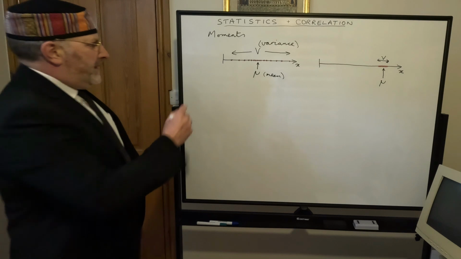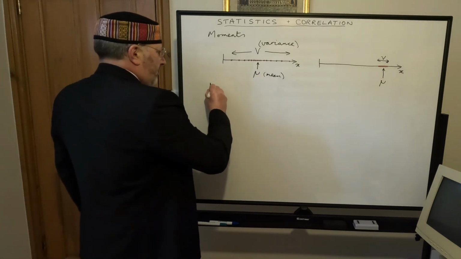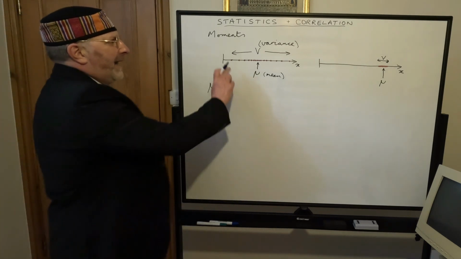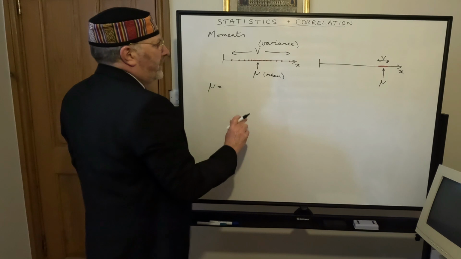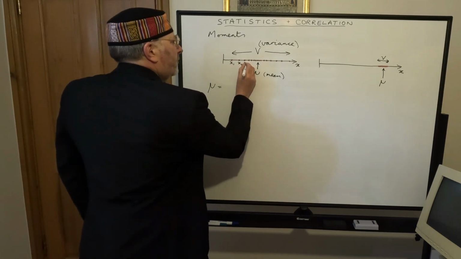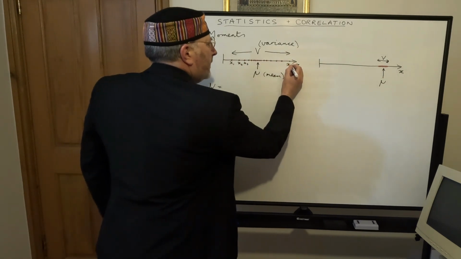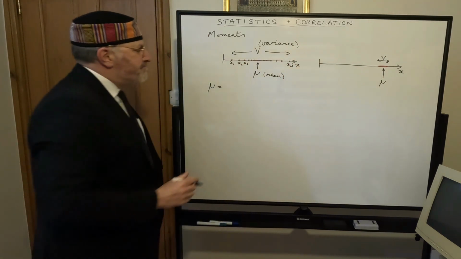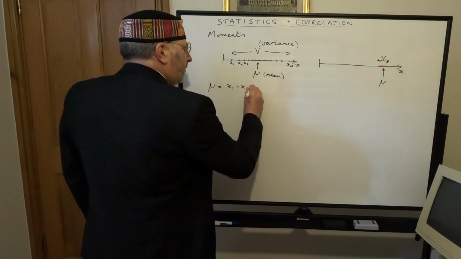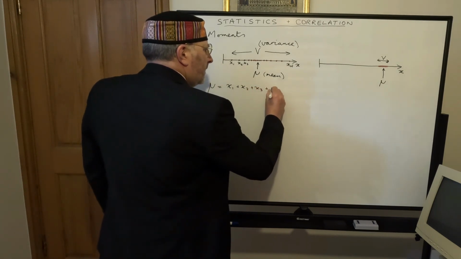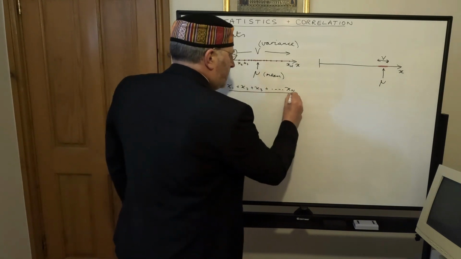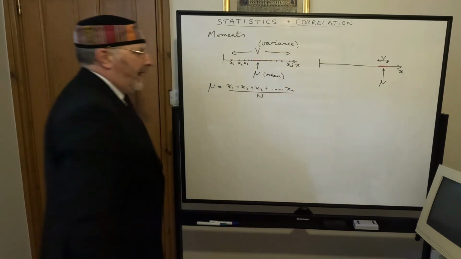Now, to calculate the mean, it's something we learn in school, fairly basic. We add up the values and divide by the total. So if these values here are x1, x2, x3, all the way up to xn, then the mean is just x1 plus x2 plus x3 plus all the way up to xn divided by n, the total number.